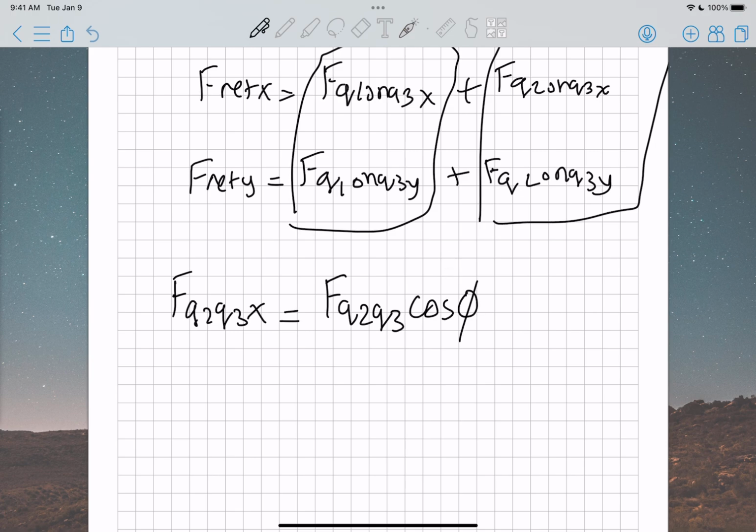And that angle is like 71 or 72 degrees or something like that. So F Q2 Q3 cosine 72 is going to give us that x component. And then F Q2 Q3 y, we can figure that out by taking the force and multiplying by sine of that 72 degree angle. So that gives us the x and y components there.